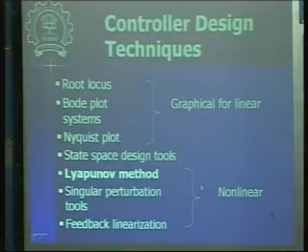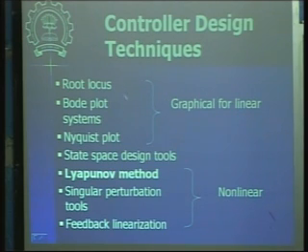Now what are the techniques available for doing this analysis? This slide lists most of the techniques for robot analysis. The techniques in this first class are classical control techniques: root locus, Bode plot, Nyquist plot.